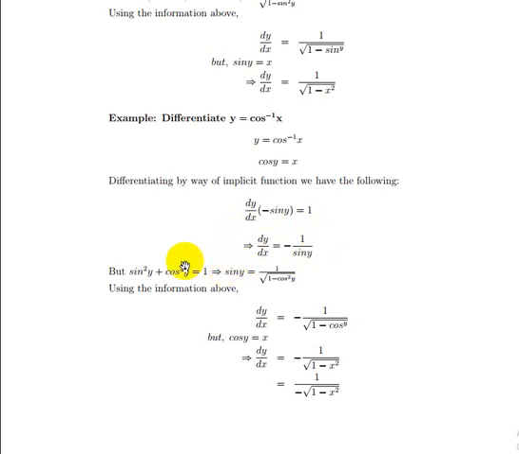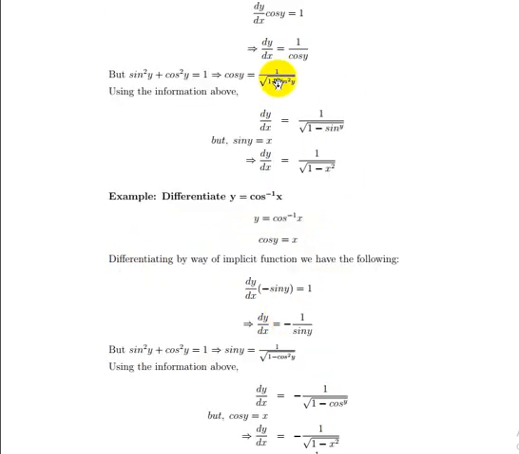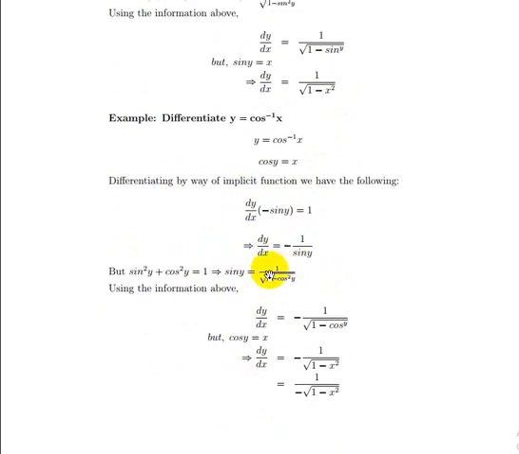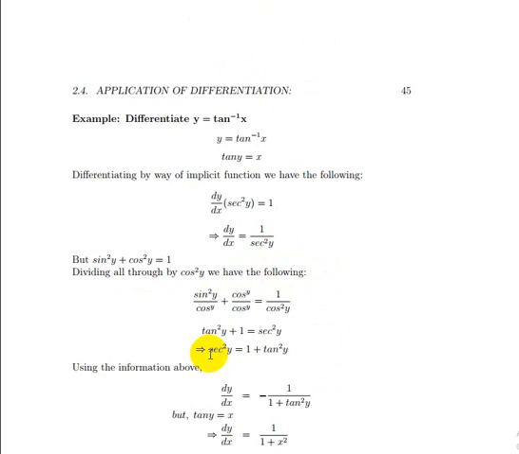Now you have a similar formula to the one we had before, but for sine y. Normally, 1 all over sine y is equal to 1 all over the square root of 1 minus cos squared y.